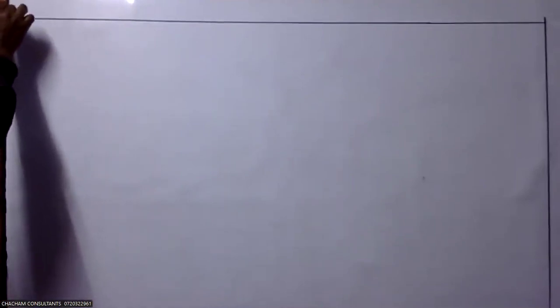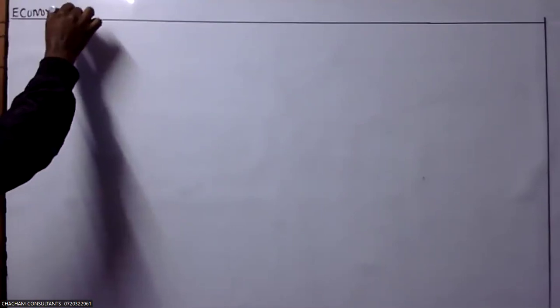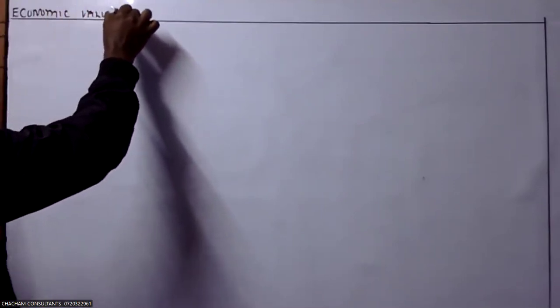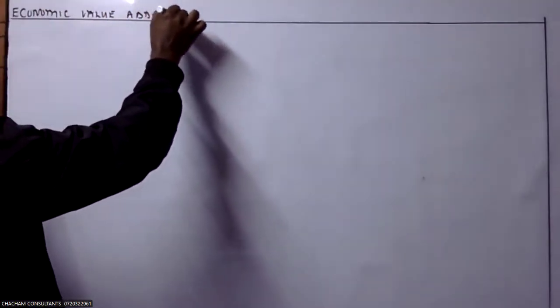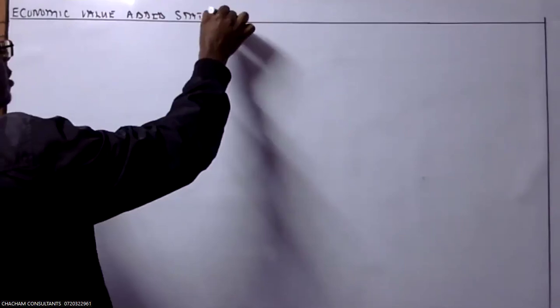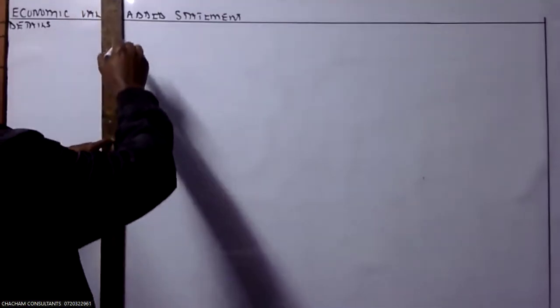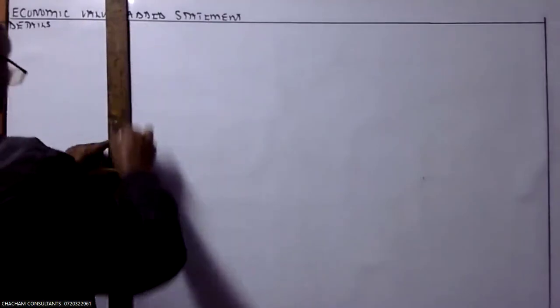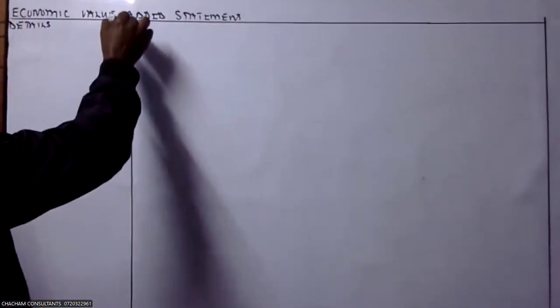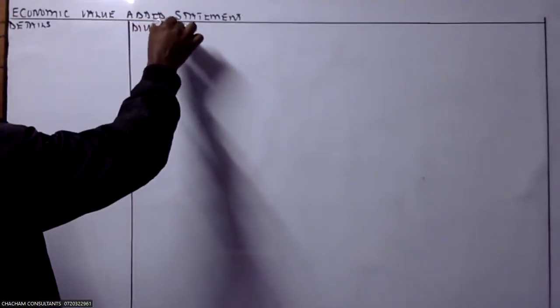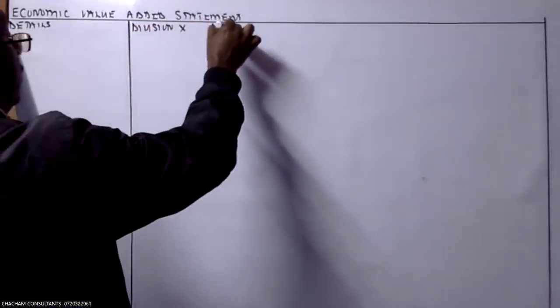So we are going to draw economic value added statements, where we will have the details: division X, division Y.